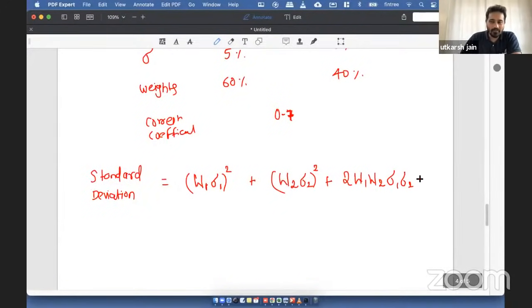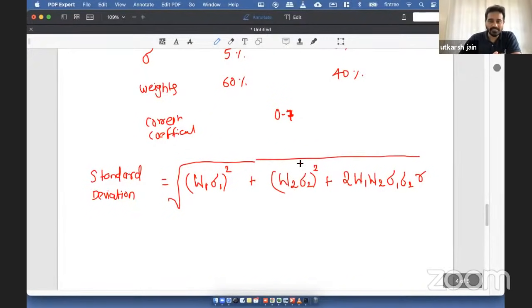I know it looks crazy, especially on day 1 of your finance classes. For some of you, it's a little overwhelming, but I'll simplify this. This formula actually looks a little bit like (a+b) square, and it has a very solid connection to that, into correlation coefficient. So weight 1 sigma 1 square, weight 2 sigma 2 square, 2 weight 1 weight 2 sigma 1 sigma 2 into correlation coefficient. The whole thing goes under root.